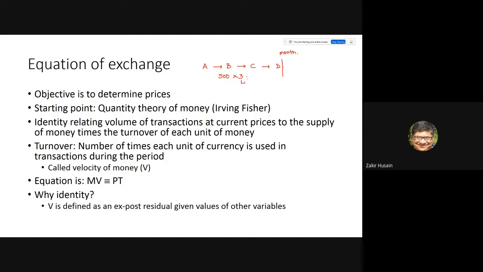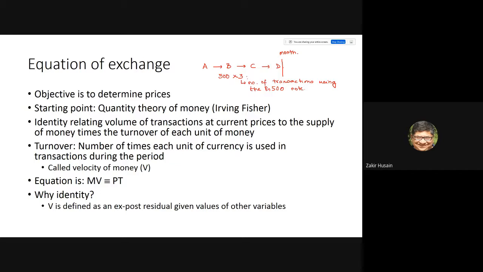What is 3? 3 is the number of times this particular note has been used. This is often called the velocity of money, V.